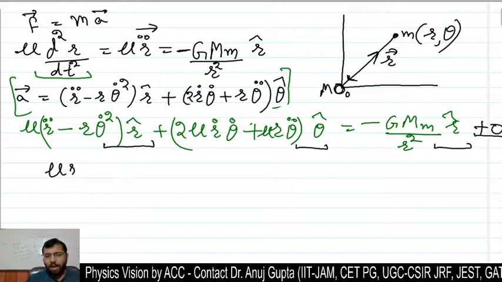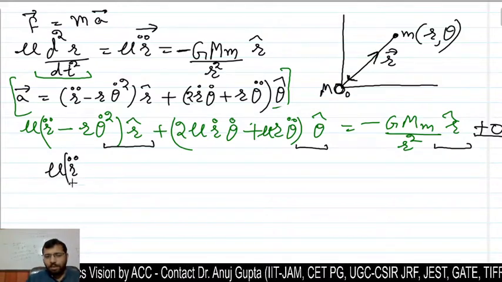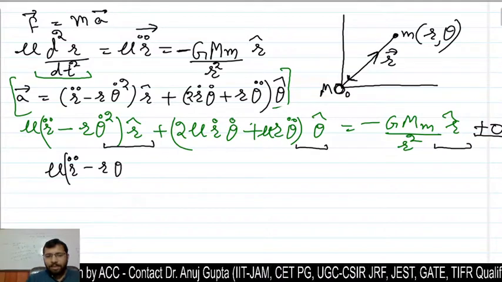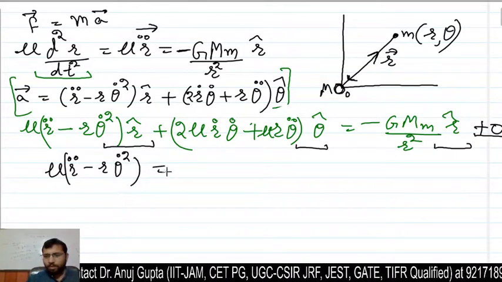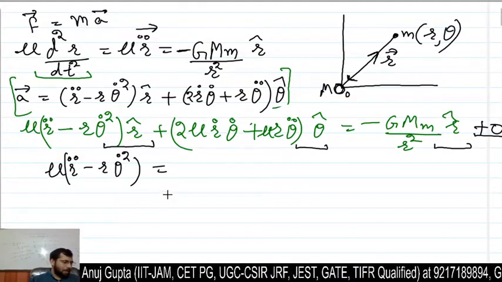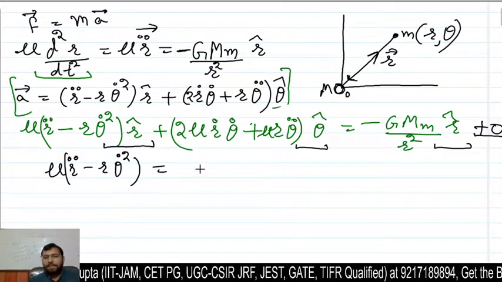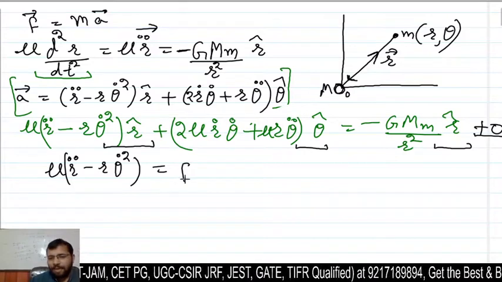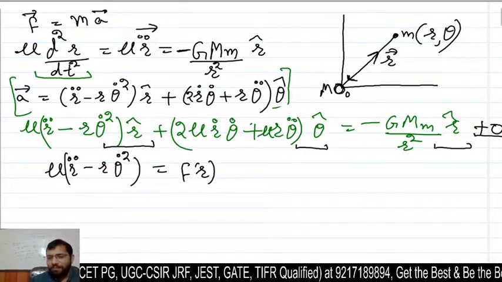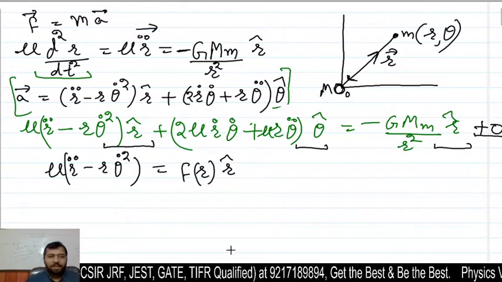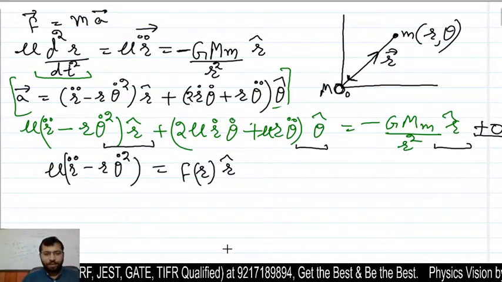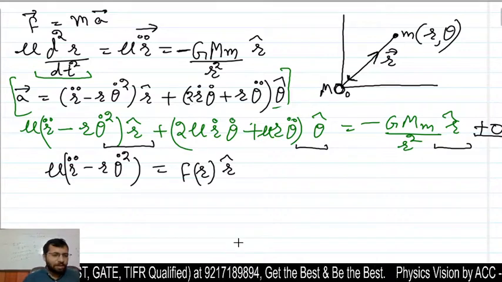Mu times r double dot minus r theta dot square is equal to GMm by r square. It can be simply written as force Fr r cap. Generally it is written in this way.